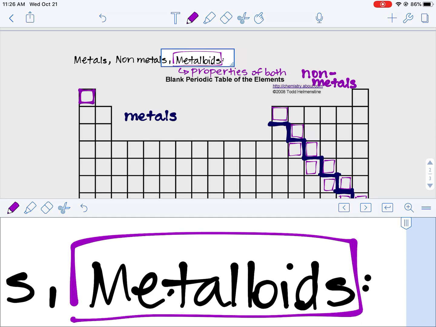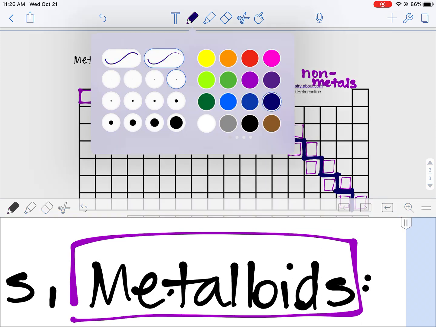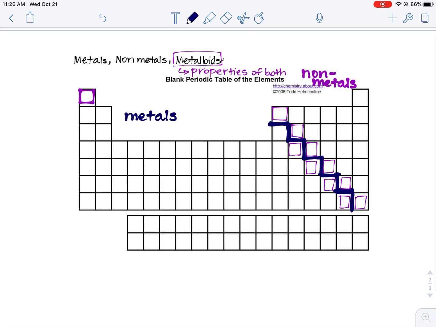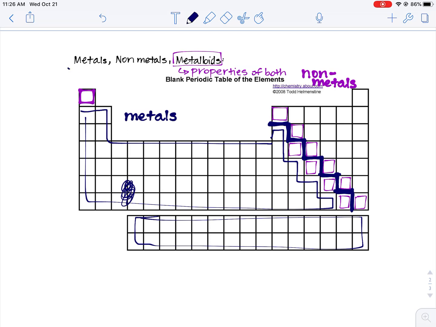All right, so my little key here is the purple squares are the metalloids. Let me switch back to my navy blue. My metals are going to be, including that aluminum one, these are all my metals. And the lanthanides and actinides, because remember, they're positioned in here.